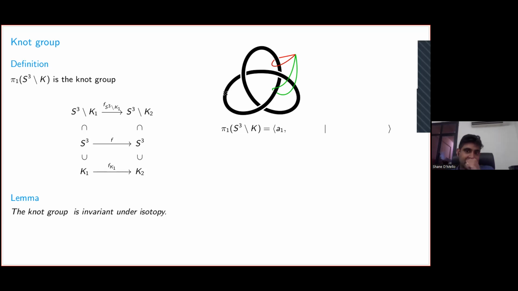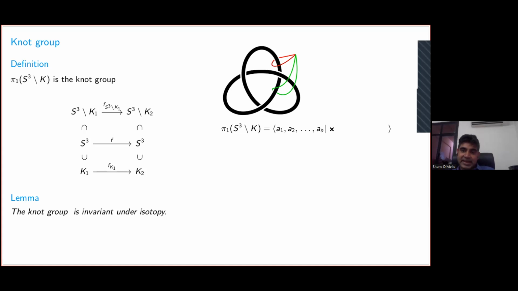So you can make an educated guess, and all this can be proved rigorously by using the Seifert-Van Kampen theorem, which essentially tells you how to compute fundamental groups of unions when you know the fundamental group of the individual pieces and the intersection. So for each arc over here, I can have one generator for each arc, right?